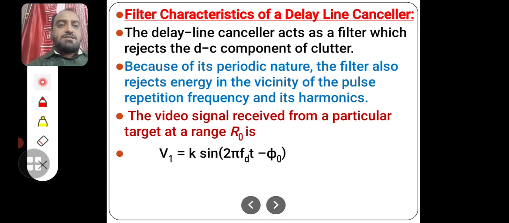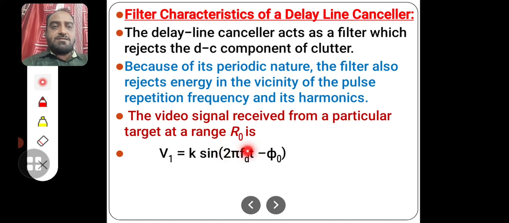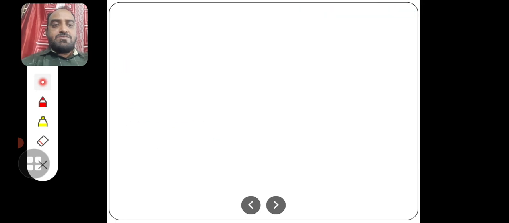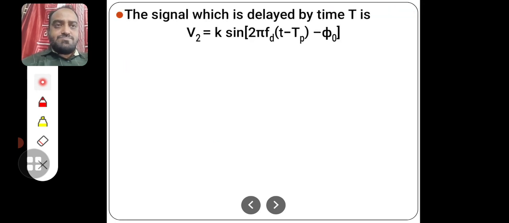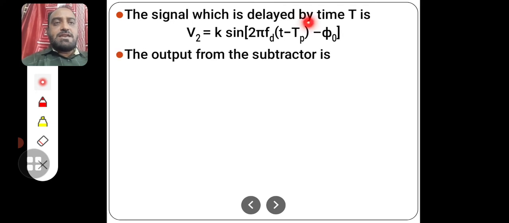The filter response can be characterized by this equation: V1 = k sin(2π fd t − θ0 − φ0). Now, if you plot this, the delayed signal is delayed by a time Tp, the pulse repetition period; in time domain it is called Tp, in frequency domain it is called PRF.